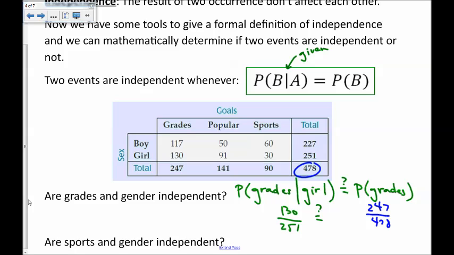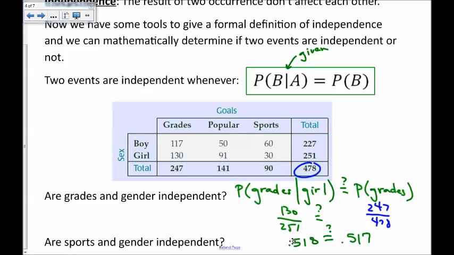130 divided by 251 is about 0.518. Is that roughly equal to 274 divided by 478, which is 0.517?